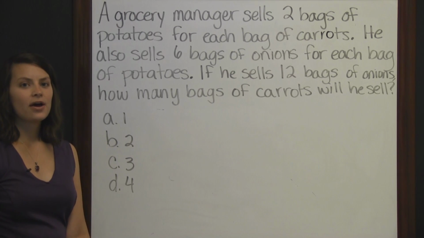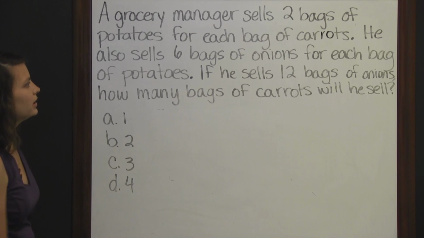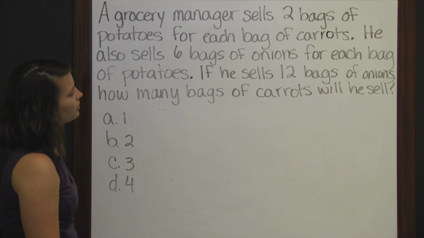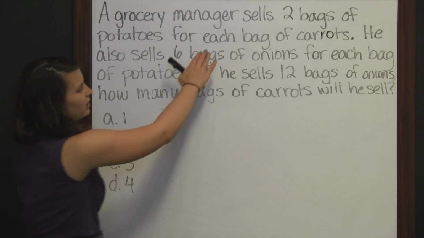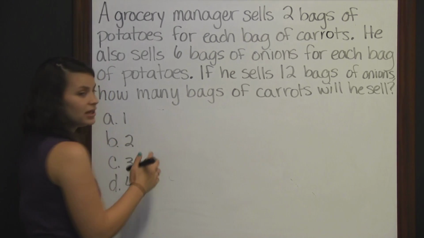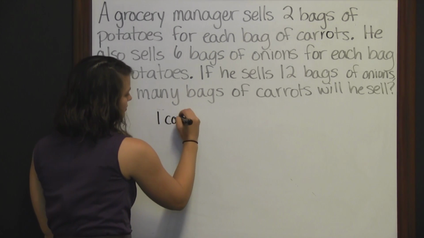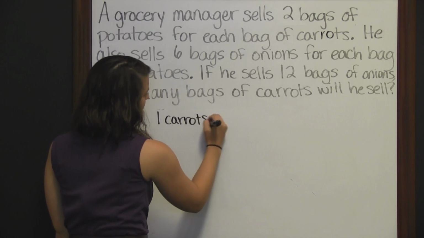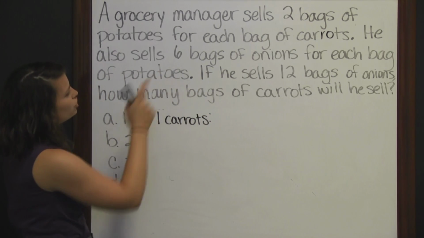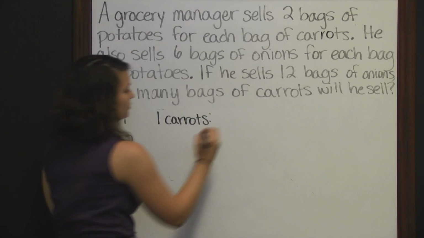Let's start by picking out the important information. In the first sentence, we're told that for each bag of carrots, so each, that means 1, so for 1 bag of carrots, he sells 2 bags of potatoes.